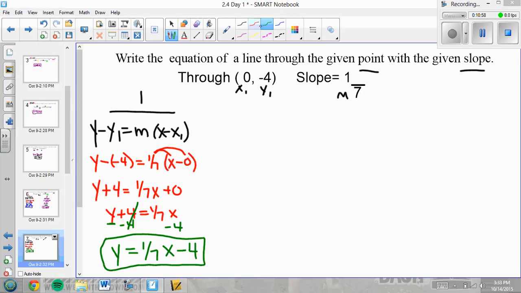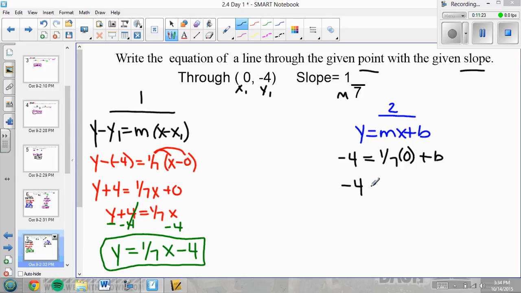Okay, so that was the first way. Now if we do the second way, using slope-intercept and finding our b, we can plug in y, which is negative 4, equals my slope, 1/7, and they tell us x is 0, plus b, because that's what I'm trying to find.